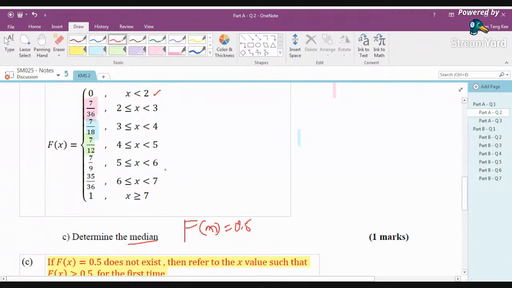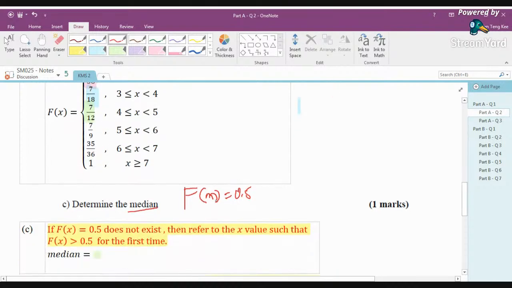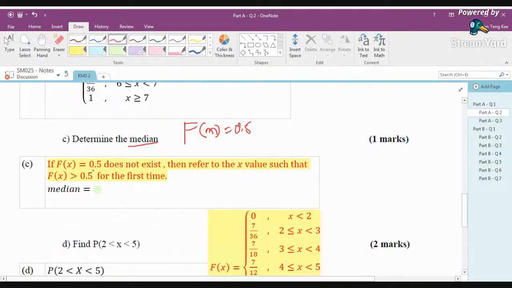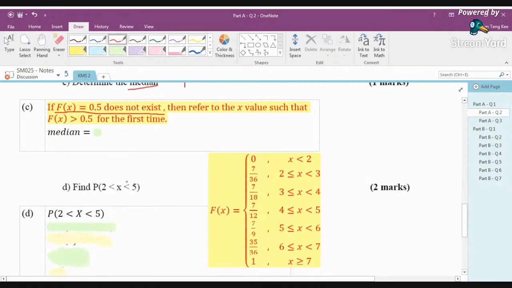However, if in our situation we don't have F(x) equals 0.5, what we do, like what is stated here in my solution, is that if capital F(x) equals 0.5 does not exist, let us refer to the x value such that F(x) is greater than 0.5 for the very first time. And now we make use of our cumulative function.